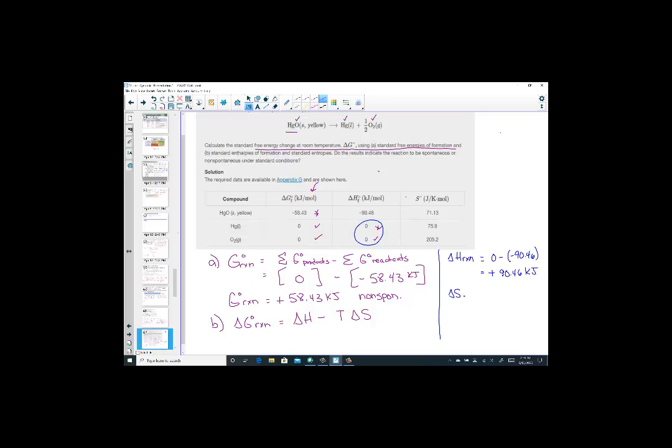Delta S of the reaction is found by taking the sum of the products minus reactants, and now they all have values. So we have the product mercury, which is assigned 75.9. And the product of oxygen, it has a coefficient of 1/2. Oxygen's entropy, 205.2. There's the sum of the products. And we need to subtract the sum of the reactant, HgO.